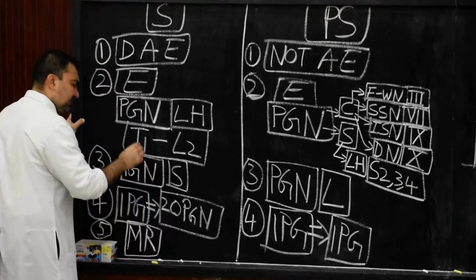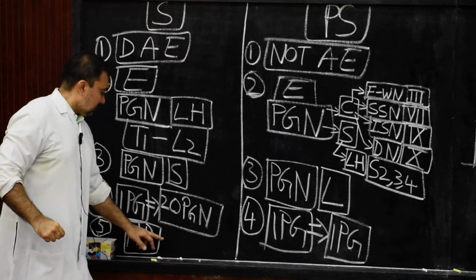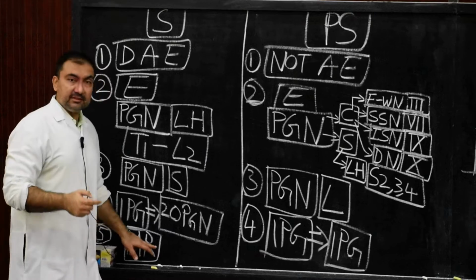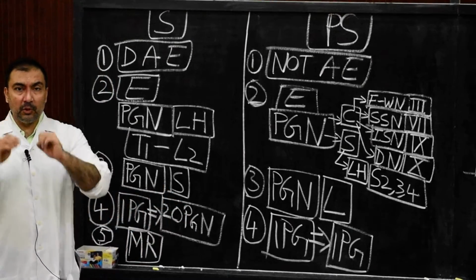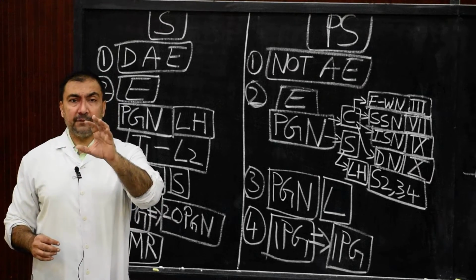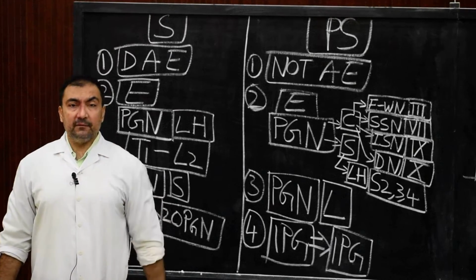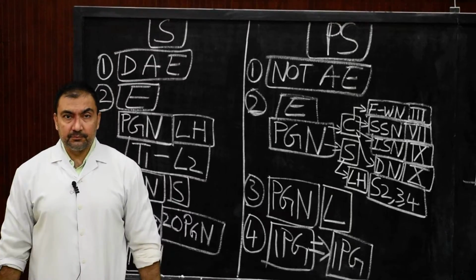And what does this mass reaction involve? Now here comes a very important point, because what I am going to discuss is often asked in MCQs. Because of this mass reaction in the body, there will be, number one, constriction of cutaneous blood vessels. Number two, dilatation of coronary and skeletal blood vessels.